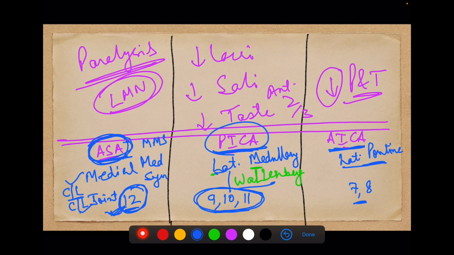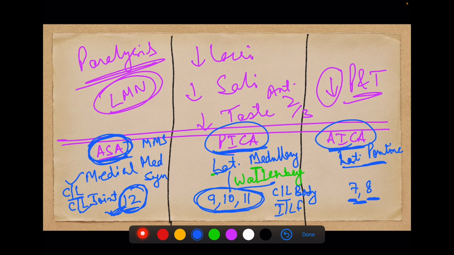In PICA, 9th, 10th, and 11th, there will be dysphagia and hoarseness. What other symptom will be there? There will be loss of pain and temperature in the contralateral body and ipsilateral face. In AICA, you just focus on the symptoms regarding the facial nerve and sensorineural deafness.